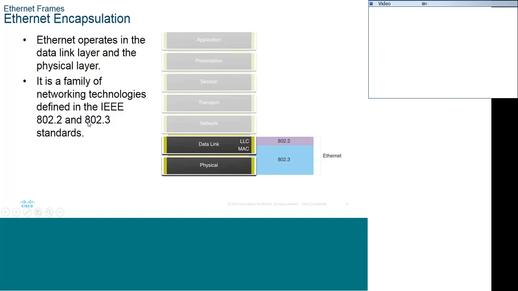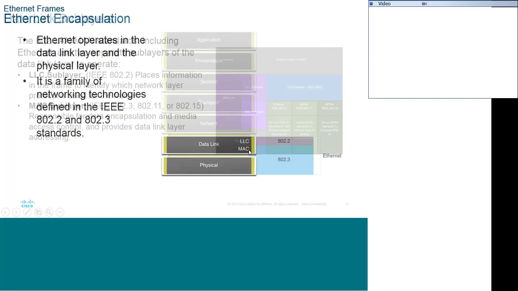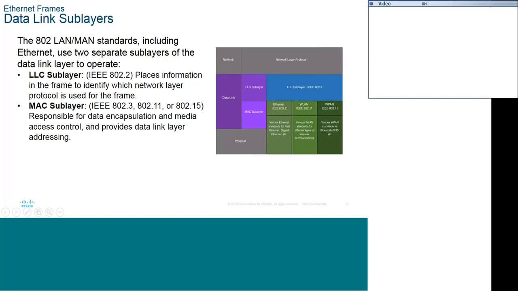So actually we have here the data link sublayers. One of them is the LLC, the logical link control, and the other one is the media access control sublayer. Each one of them has its own operation to do.